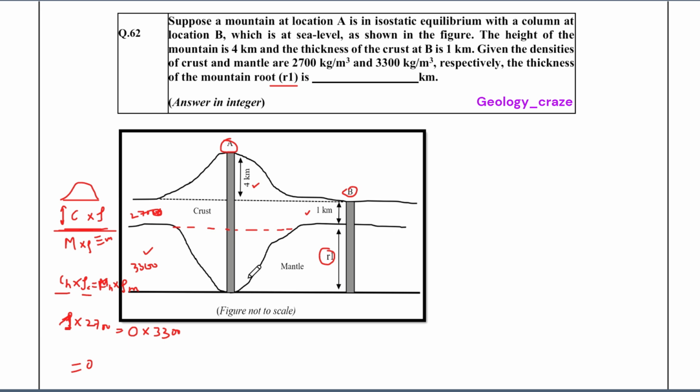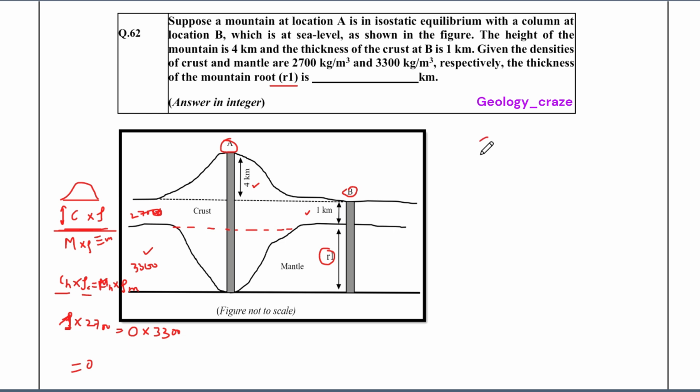In this normal condition, we are not getting any mountain root because there is no additional material, only an equilibrium line and the root zone is not there.